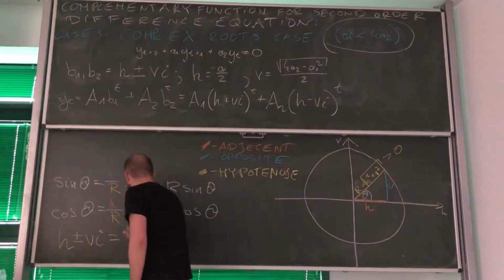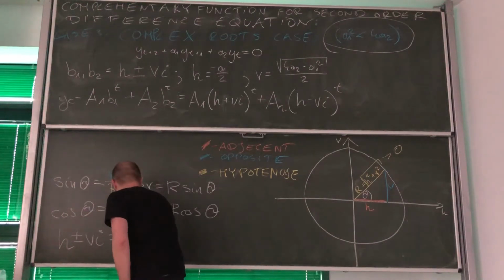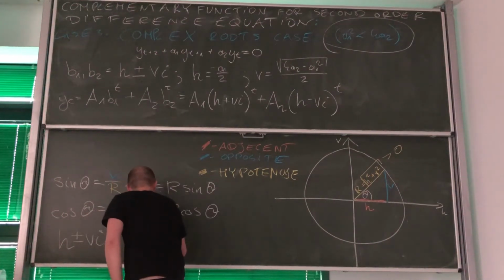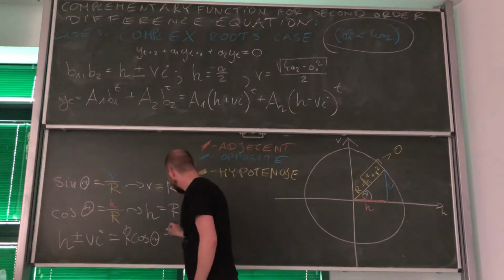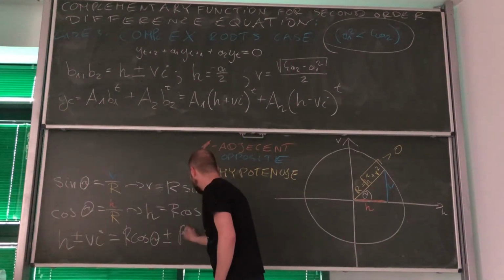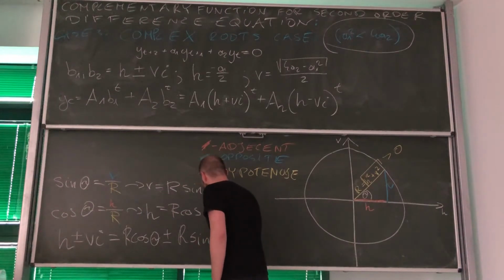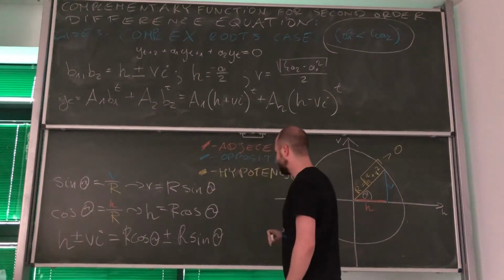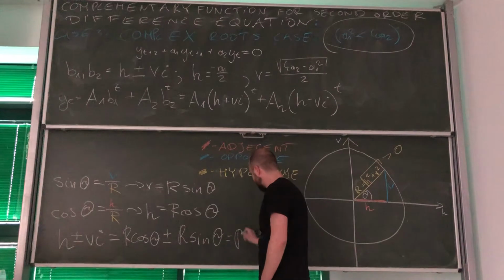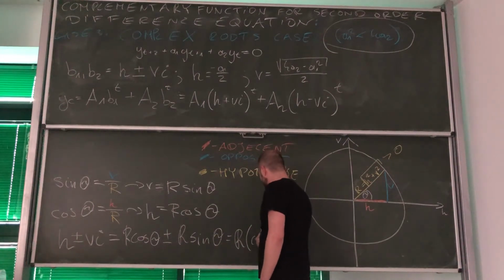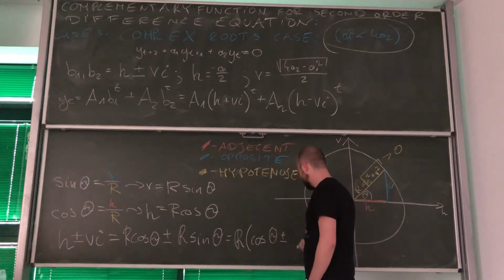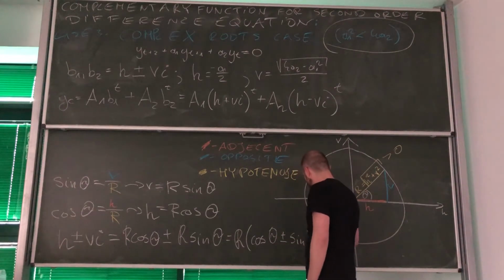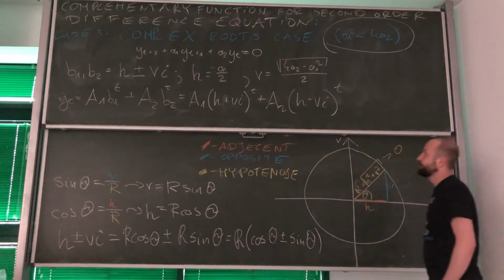Let's do it slowly. So we've got r times cosine theta plus minus r times sine theta, which is equal to, of course, r times cosine theta plus minus sine theta.